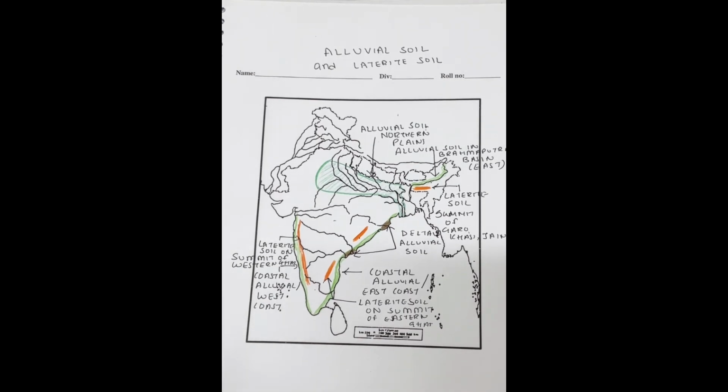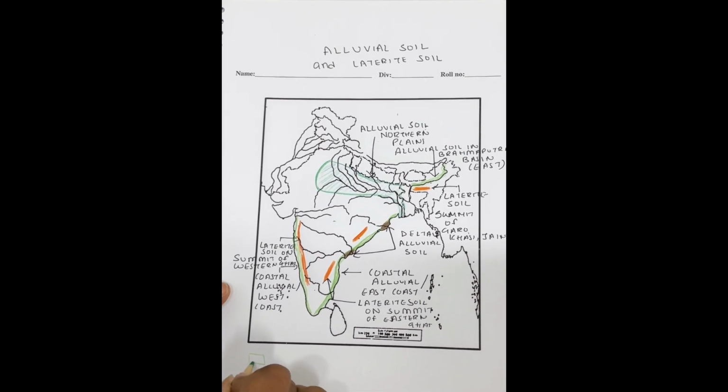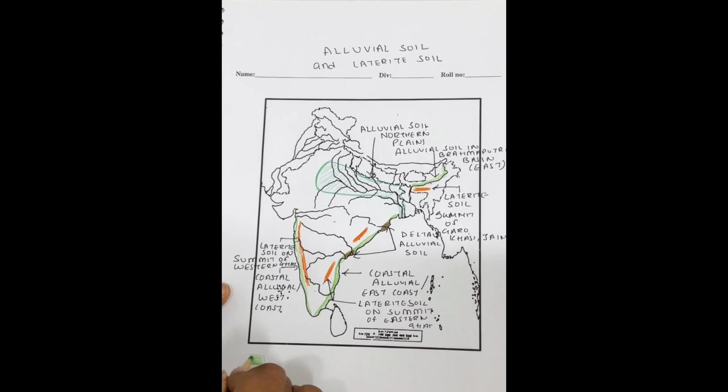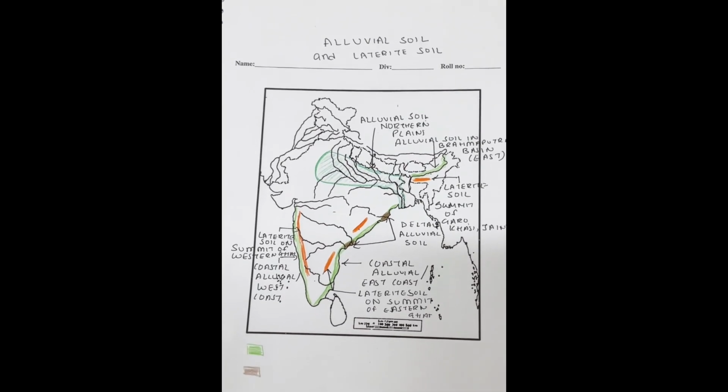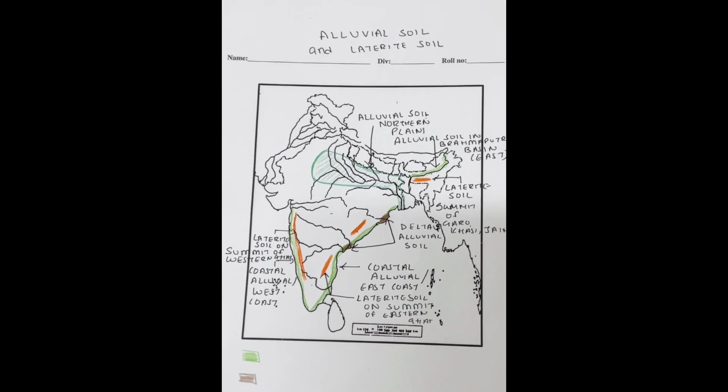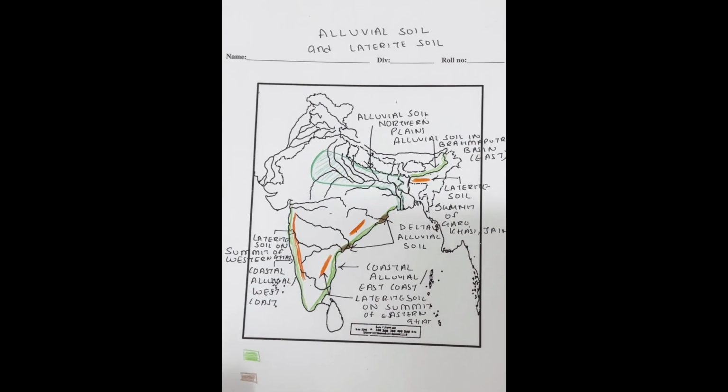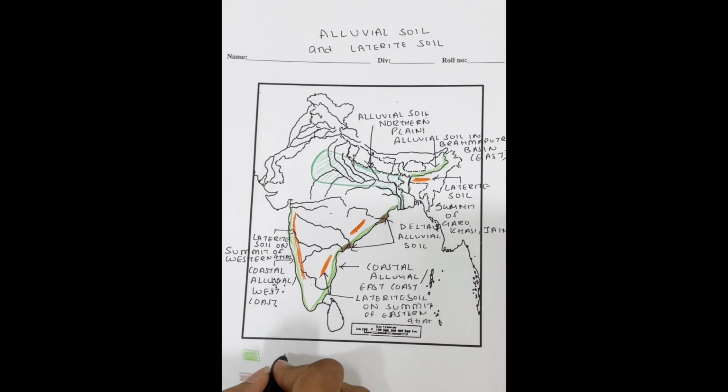And always when you mark soil for map, make a key. You should make a legend here. You can always mention green is alluvial soil. Then we can also mention brown is also alluvial but deltaic. And orange is in this case laterite soil. Okay, so make sure to write your answer here.